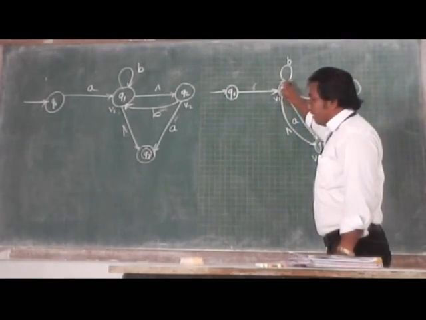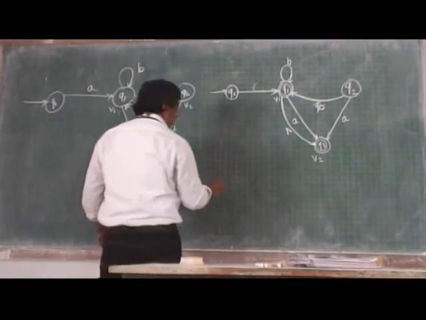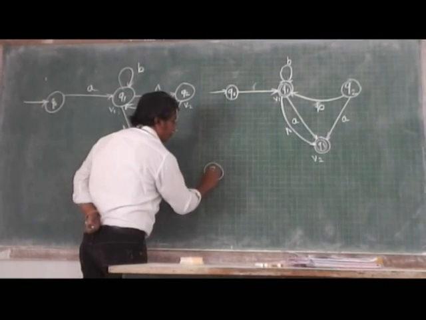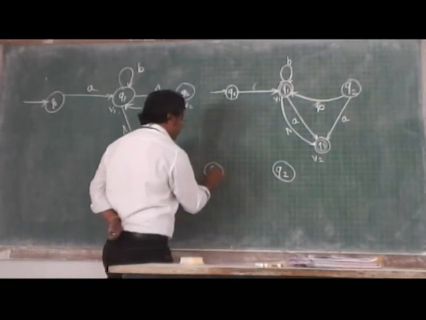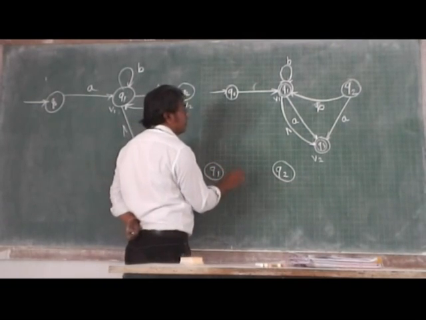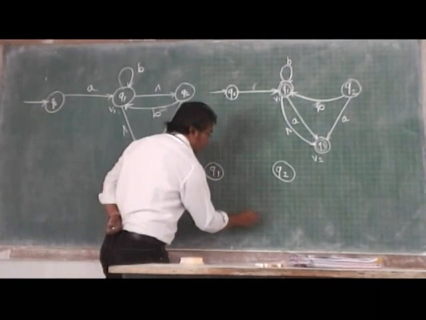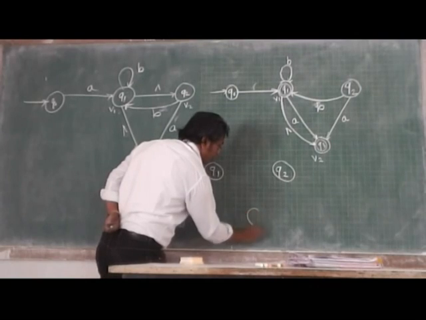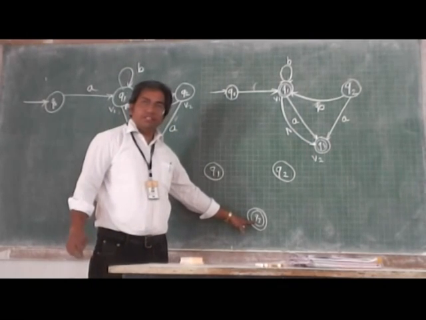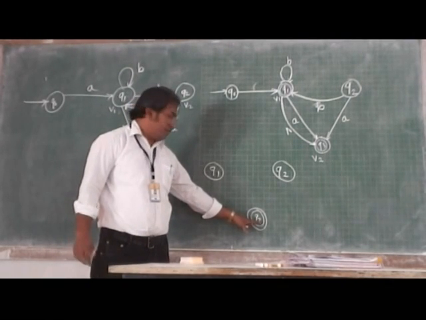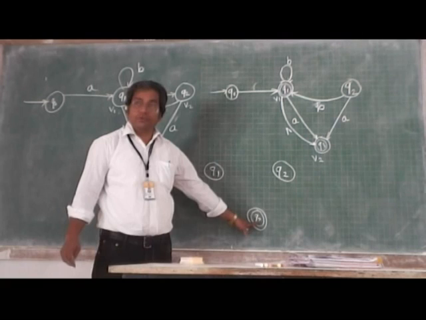Okay? I need to draw one more finite automata. So Q1, Q2, okay? So this is Q3. So I am working out the first step. Here I found that there is no outgoing edge or transition from Q3.